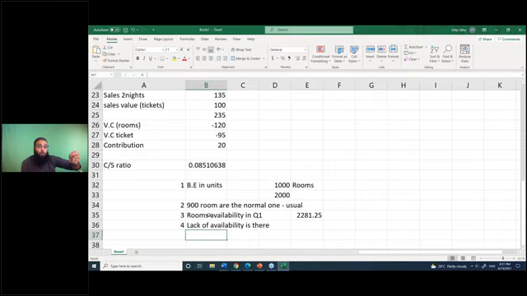Now for break even, you need 2,000 rooms for 2 nights. You need 2,000 rooms. And your 900 customers are already usual ones. Total capacity you have is 2281. You cannot go for this one. Understood? Due to insufficient capacity, you don't have the option.